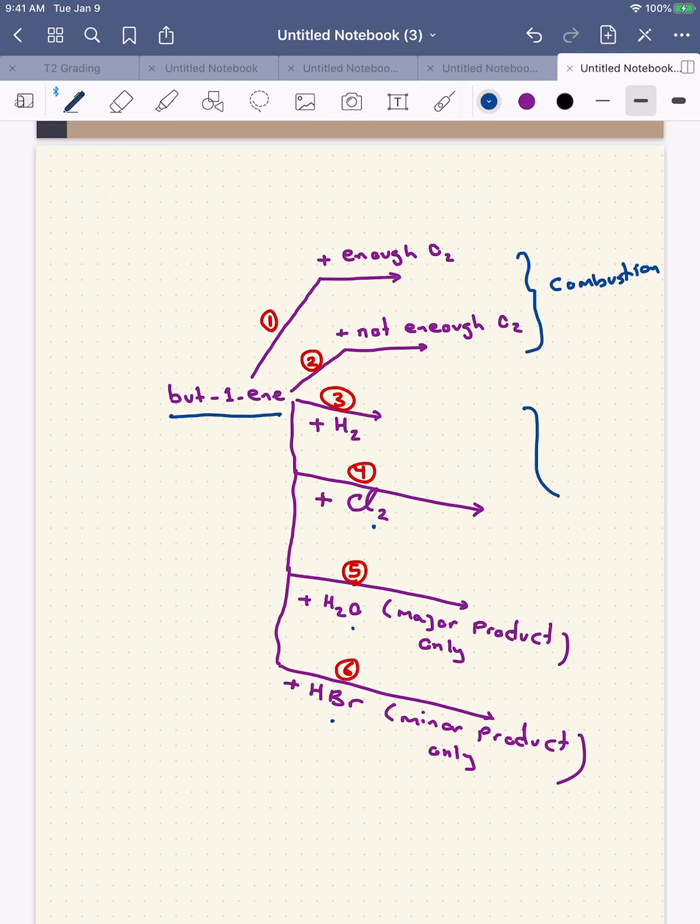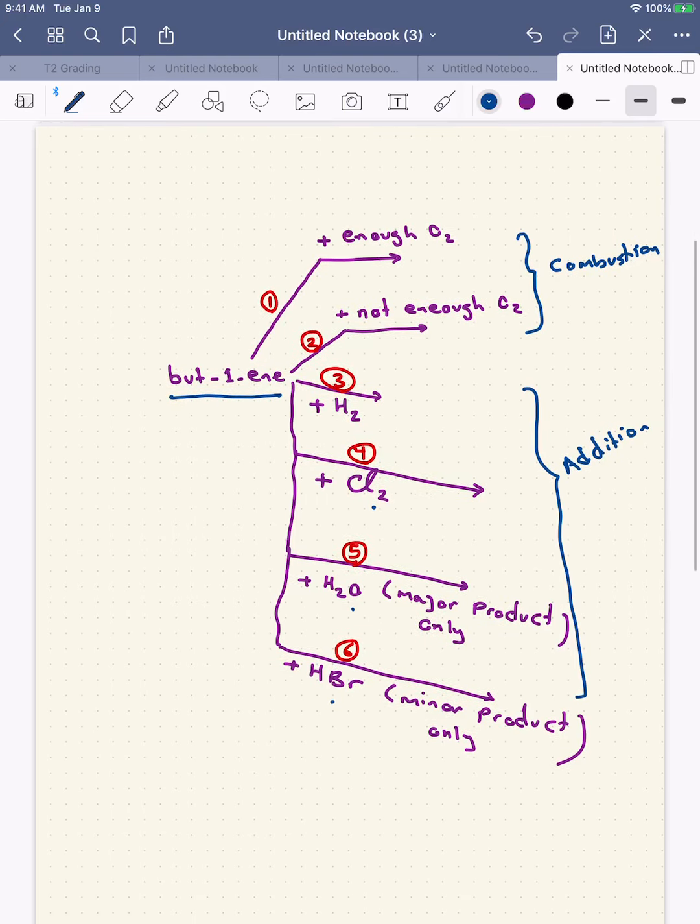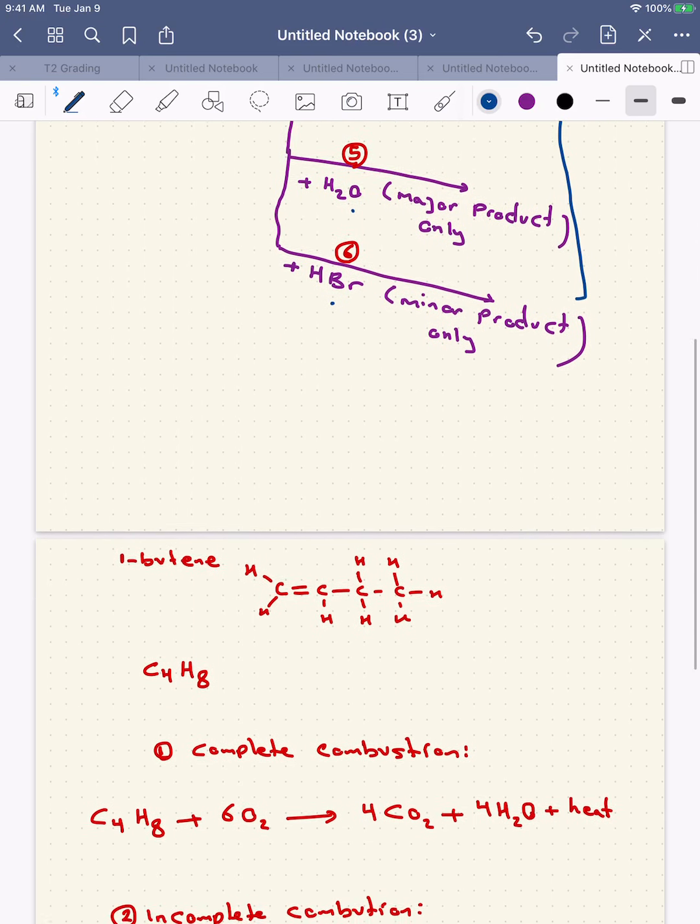So the remainder of the reactions, 3 to 6, collectively are called addition reactions. So you can do it on your own and then check to see if you have done it correctly. And if you're ready, let's just compare notes. So pause the video. Once you have it, then continue and see what happens.